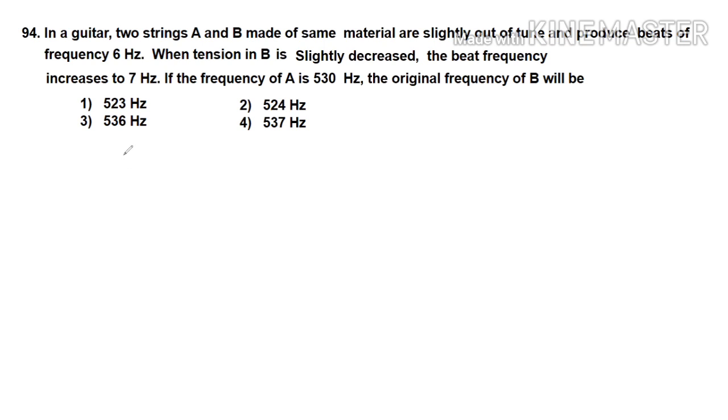So that means the initial beat frequency is given as 6 Hertz. When the tension in B is slightly decreased, the beat frequency increases to 7 Hertz. If the frequency of A is 530 Hertz, then the original frequency of B will be.